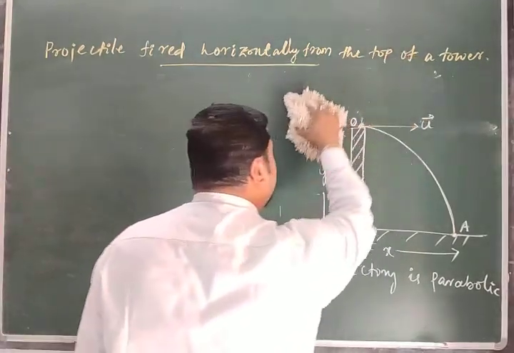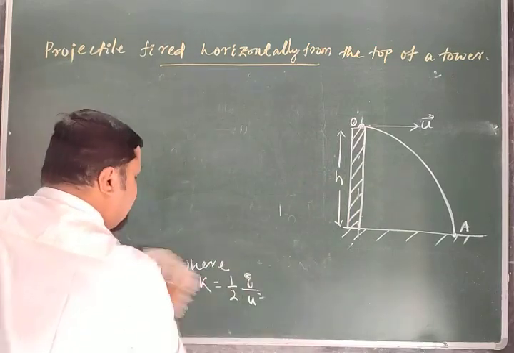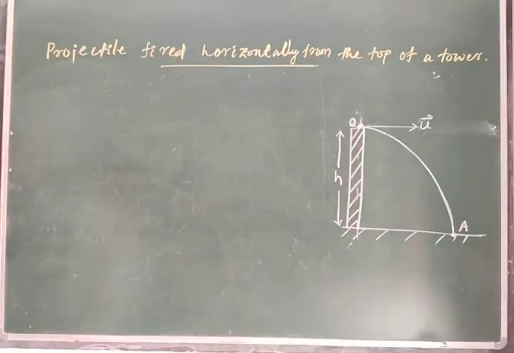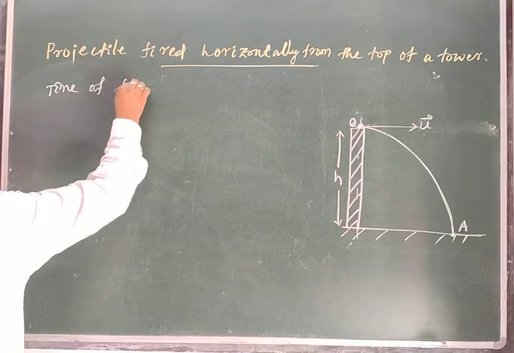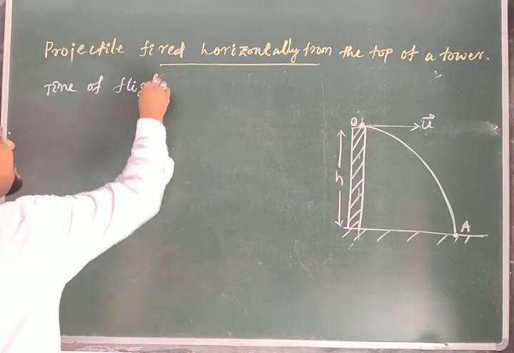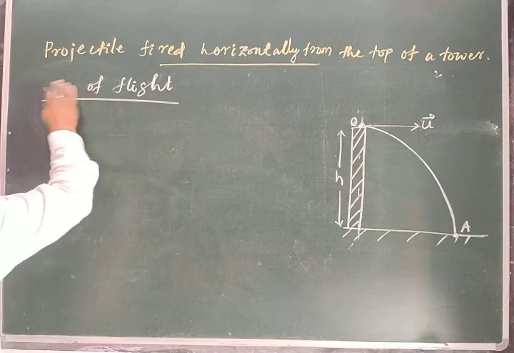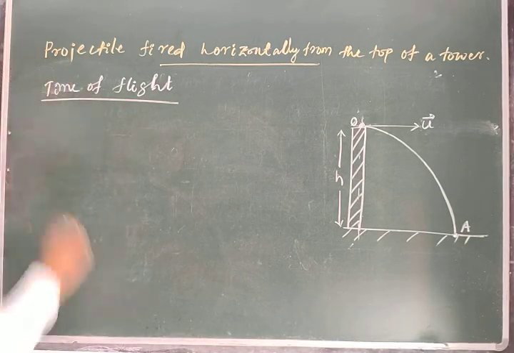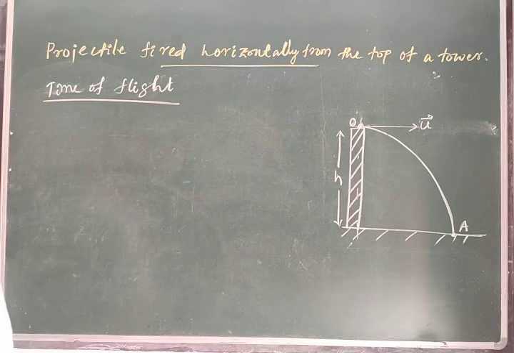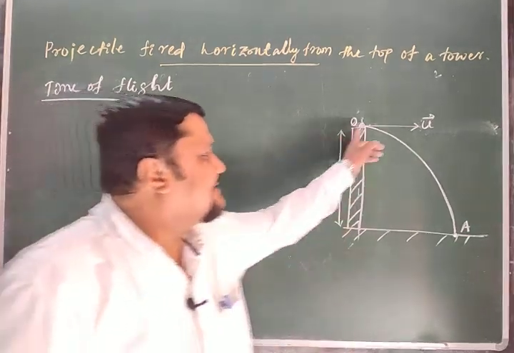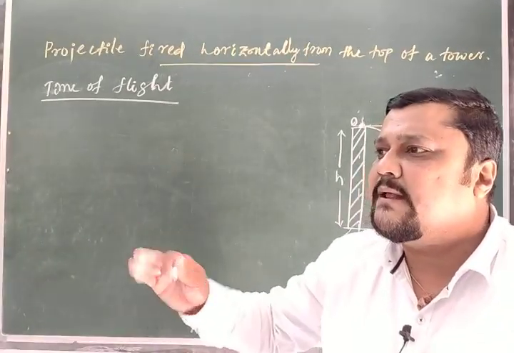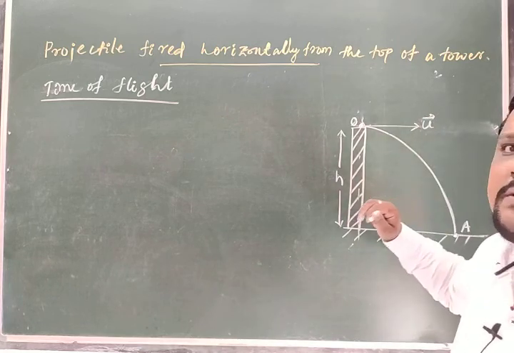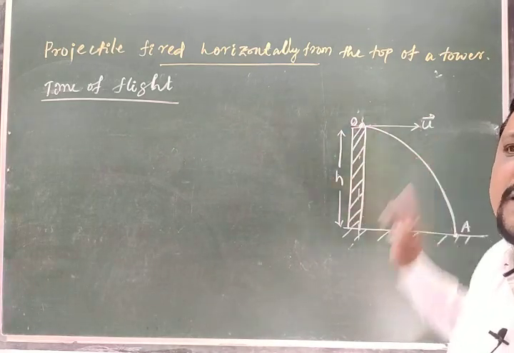Now let me go for the time of flight. What does time of flight mean? By definition, how much time it is in flight mode: the time taken by the projectile to complete its trajectory, or the time during which the projectile is above the ground after being projected from the top of the tower.